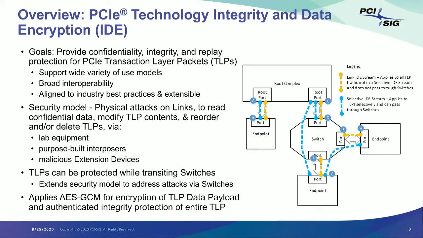By using selective IDE, the switch doesn't have to do that work, so there can be some advantages in that. And of course, you're also protecting the traffic against any sort of an attack from the switch. So the switch in that case doesn't actually need to be trusted.